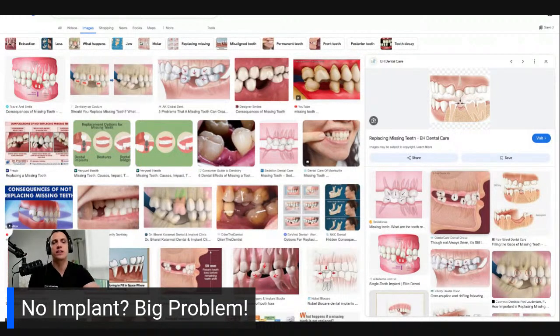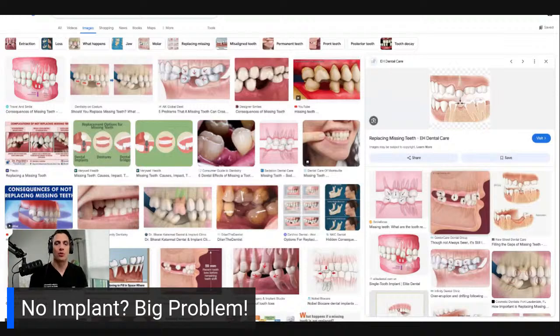What I want to illustrate to you is the perception of missing a tooth and leaving it empty, thinking it's not a big deal because it's very expensive to put an implant in. Well, the argument I'm making for you is that it's actually a lot more expensive for you not to put an implant in.